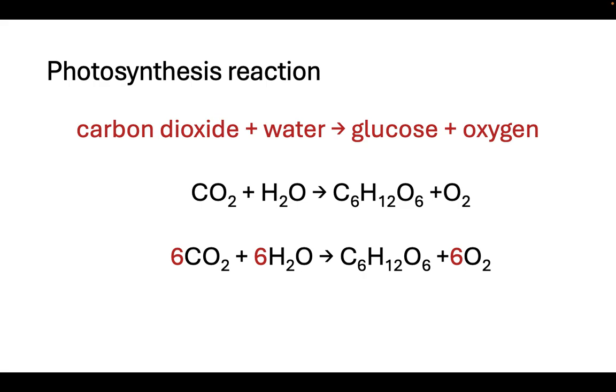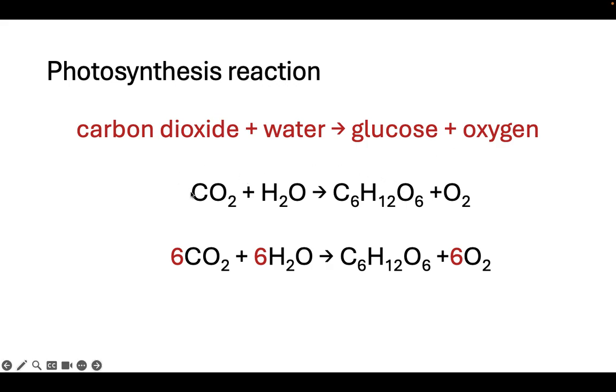You should be able to remember that photosynthesis is done by types of organisms called autotrophs, and what they're able to do is take carbon dioxide, which is CO2, combine it with water or H2O, and produce glucose, which is C6H12O6, and oxygen, which is O2.